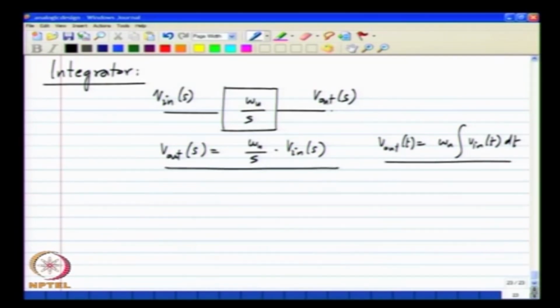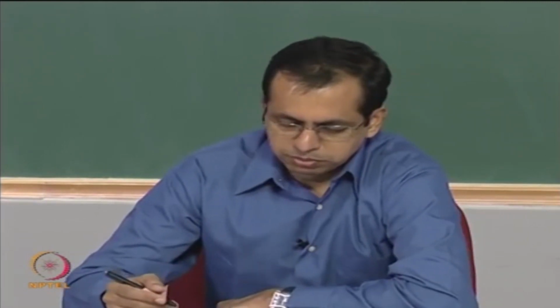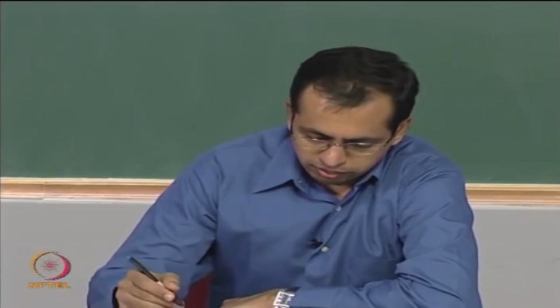Okay. Now, the sinusoidal steady state response of this can be very easily seen from the Bode plot. It can also be easily seen from the transfer function, but we will be using Bode plots. So, it is a good practice to use Bode plots for a simple system such as this one. Okay.